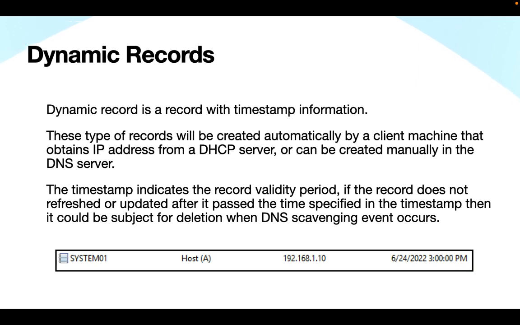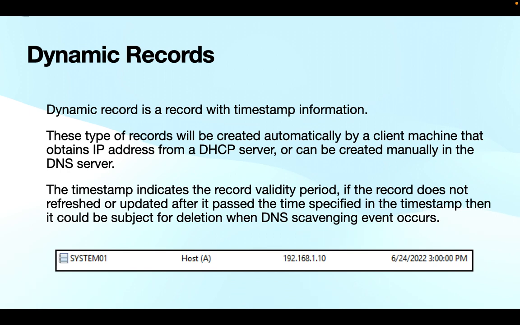This timestamp indicates the record validity period. If the record is not refreshed or updated after it passes the time specified in the timestamp, then it could be subject to deletion.